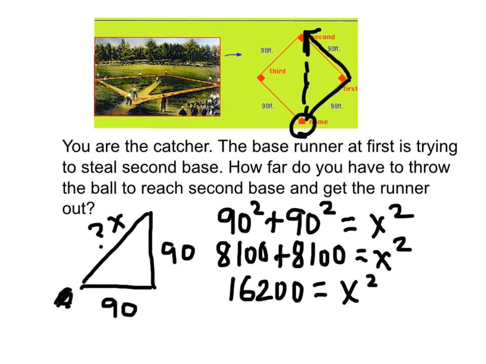All right, so to find out x, we would have to take the square root. Now the square root of 16,200 is not a perfect square. It is an irrational number, so this is going to be an approximate distance. And it comes out to approximately 127 feet, if we just leave it as a whole number. All right, so how'd you do on that? That makes sense?